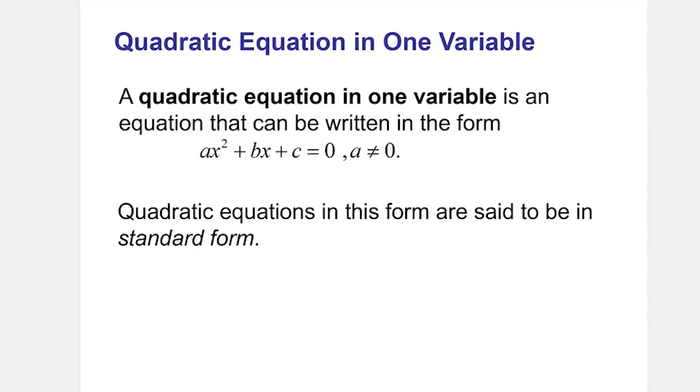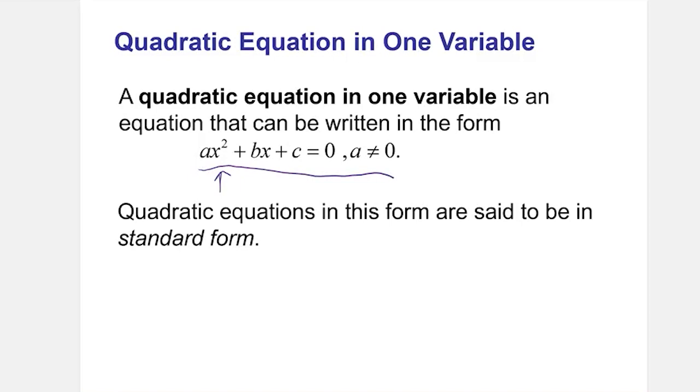So basically, any quadratic equation in one variable, right here we're using x, you can use y, you can really use anything, but we're going to be using x, can be written like this. And notice the highest degree, because remember we talked about what polynomials are and what degrees are. The degrees are the exponent.